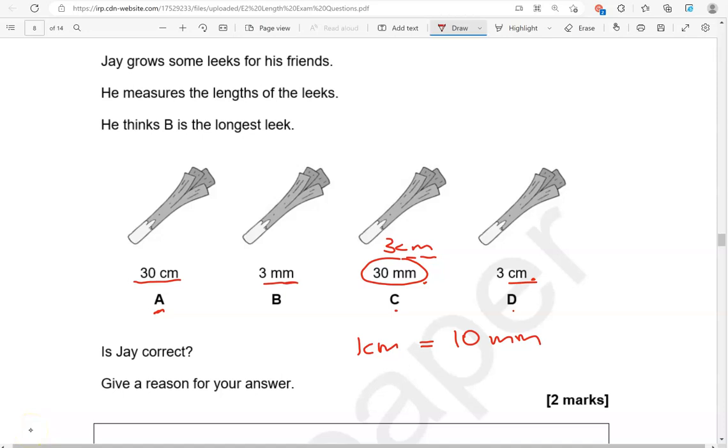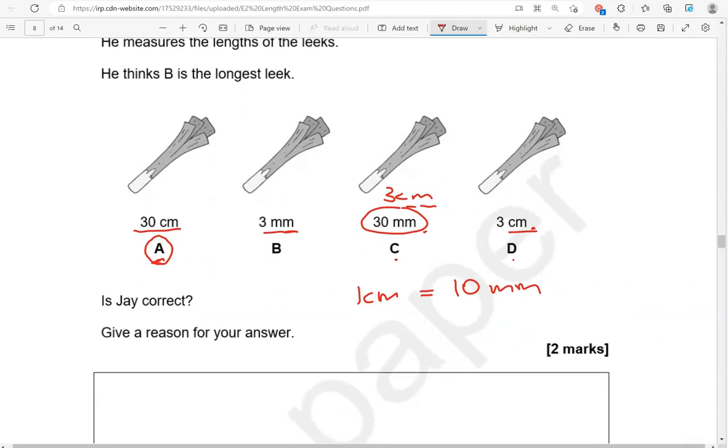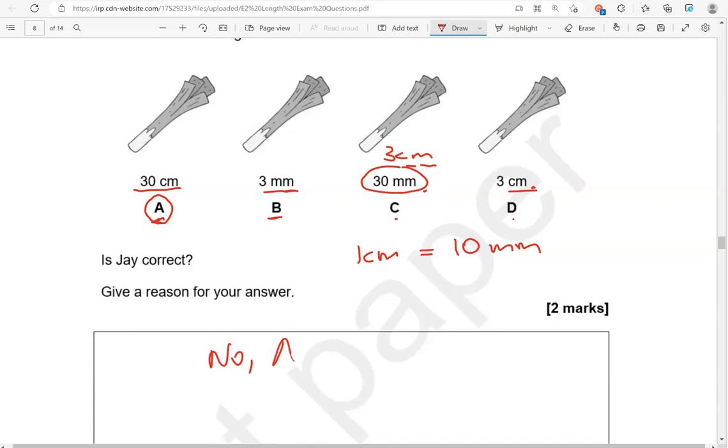You need 10 millimeters to make 1 centimeter. So A is overall the longest. He thinks that B is the longest, so we're going to say no, he's not correct. A is the longest.